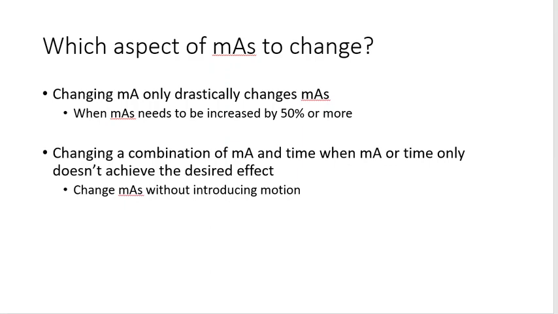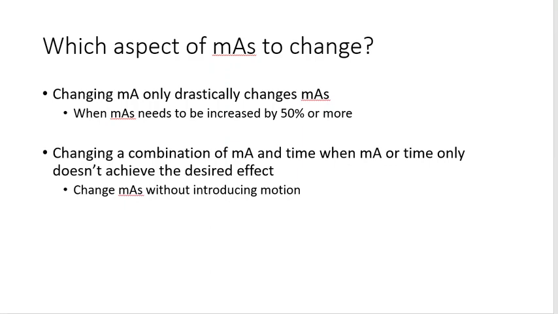It'll say you need to, let's say, decrease grayscale and increase exposure. So now what you're going to have to do is decrease kVp by 15%. You decrease kVp by 15%, and that decreases grayscale, but it also decreases exposure.